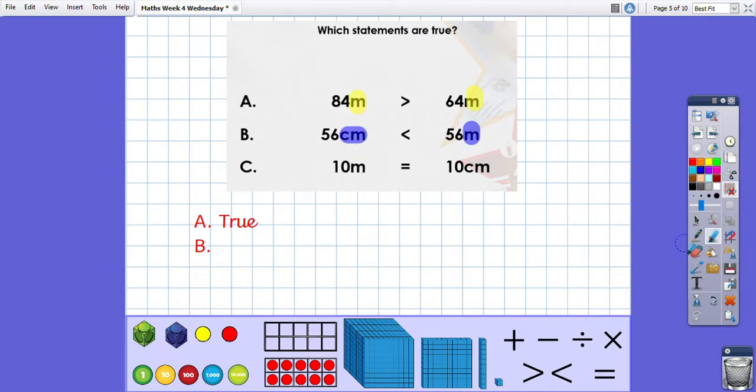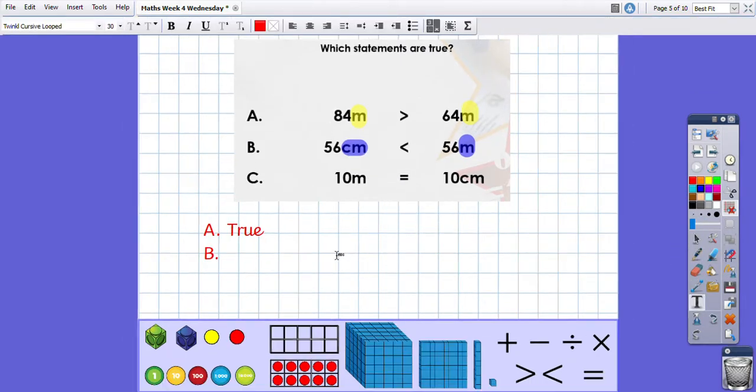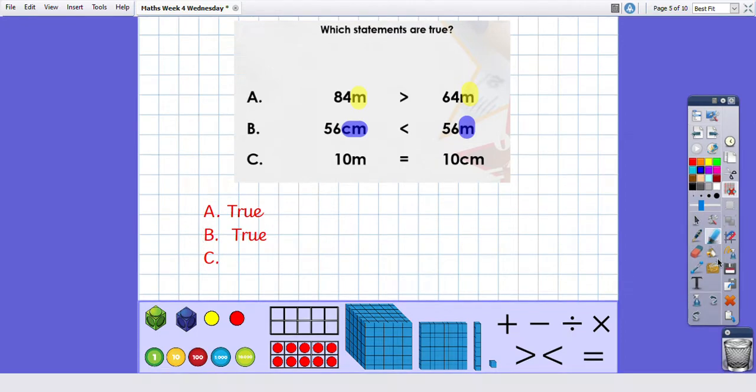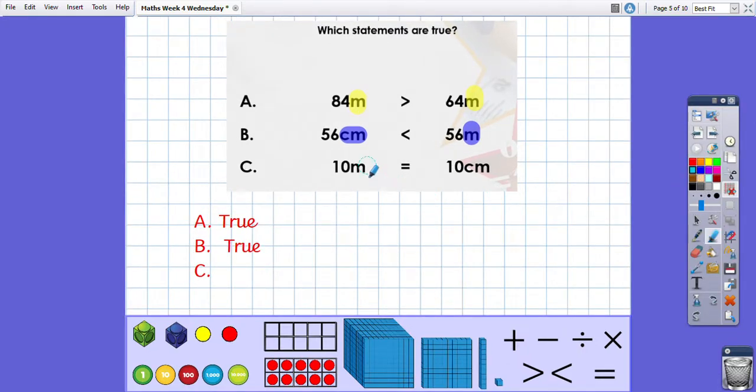So 56 centimetres is definitely smaller than 56 metres. So that one is also true. And then C, 10 metres is the same as 10 centimetres. They cannot be the same if they've got different measurements, so that is false.